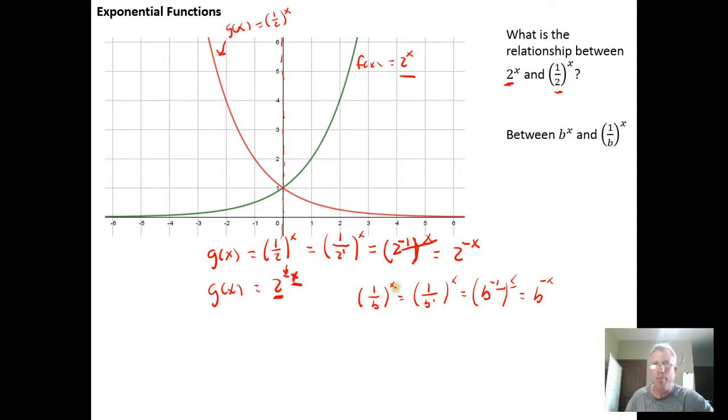So 1 over b to the x is just the reflection in the y-axis of b to the x, because we have the negation on the input variable x. So the relationship between b to the x and 1 over b to the x for an exponential function is that they will always be reflections of each other in the y-axis, or the line x equals 0.